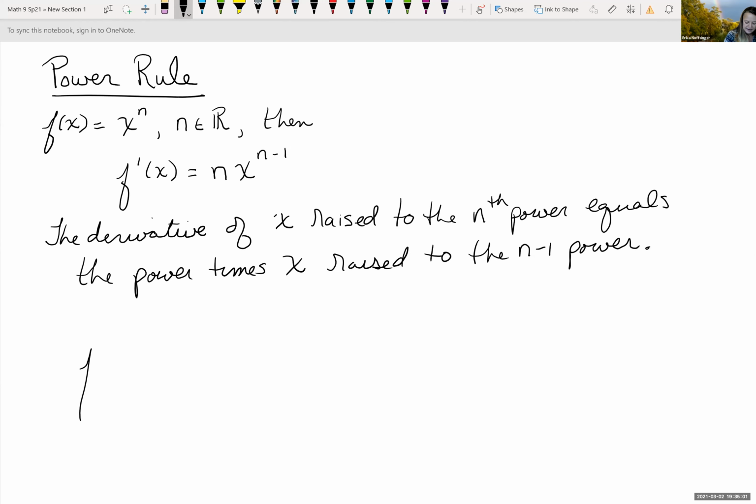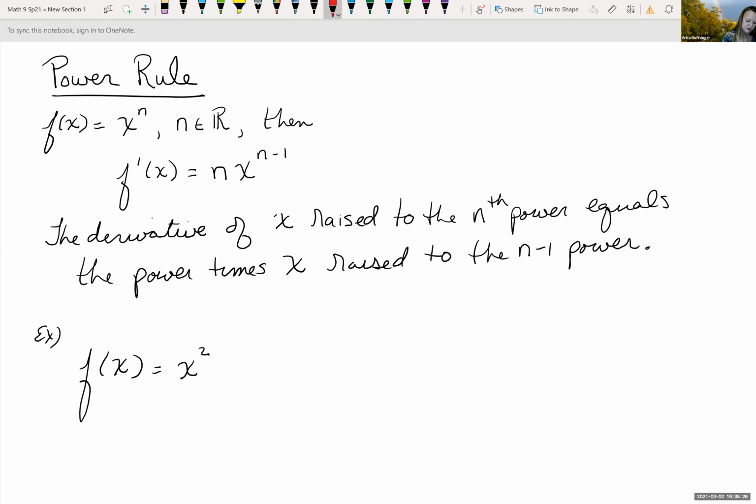If we had f of x equal to, let's just start easy, x squared. By this rule, we take our power, bring it down in front, and subtract 1 from it.